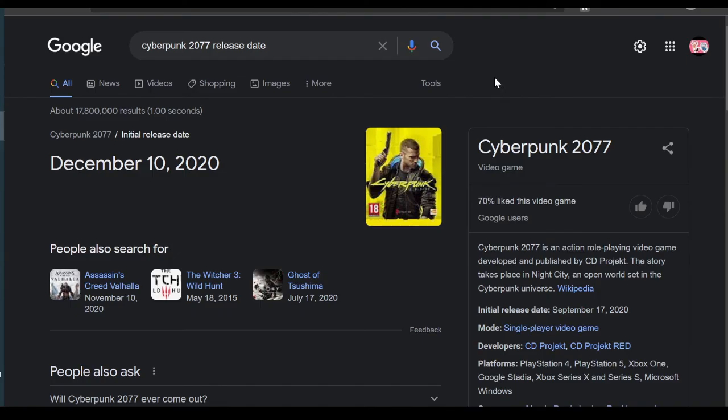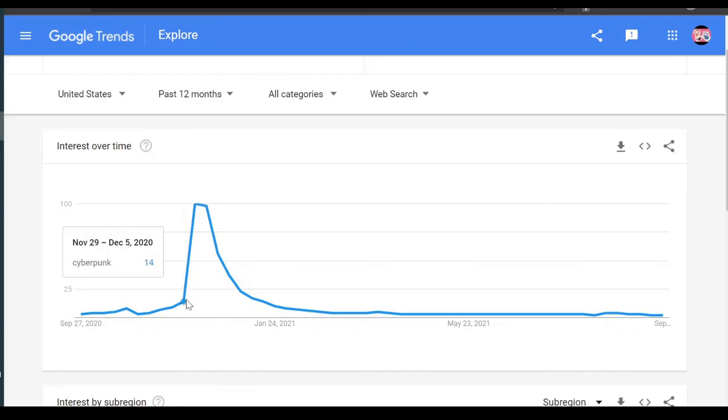Now let's compare the results on this Google Trends graph with the release date of the video game Cyberpunk 2077. Cyberpunk 2077 comes out on December 10th of 2020, which correlates quite neatly with this huge spike in interest in the term cyberpunk.